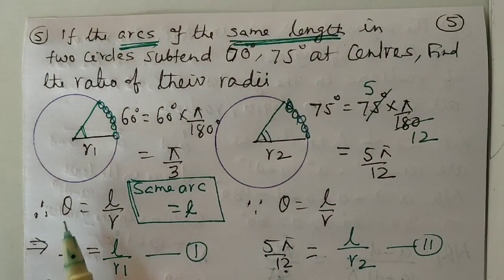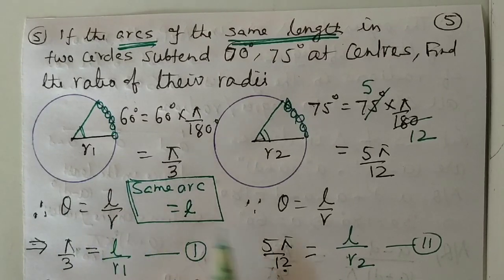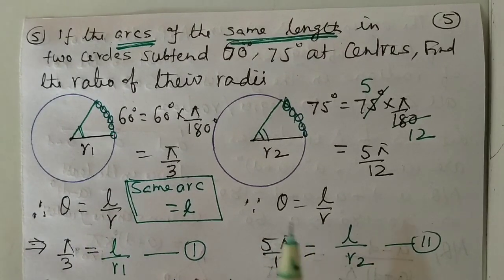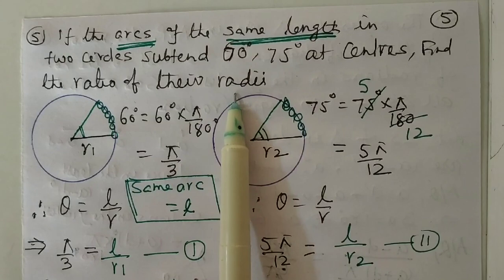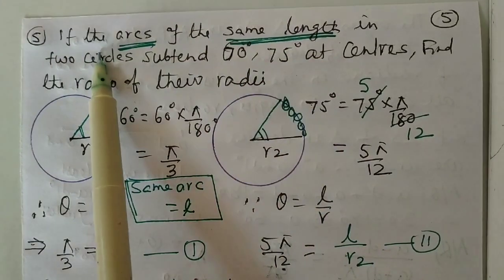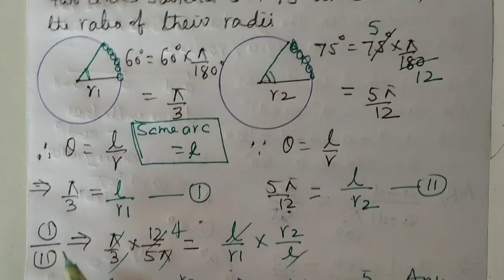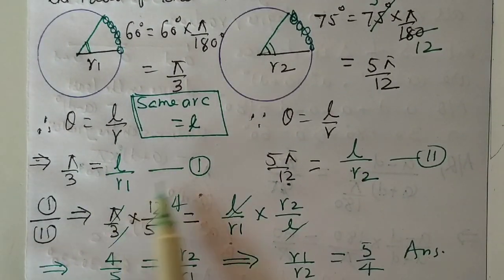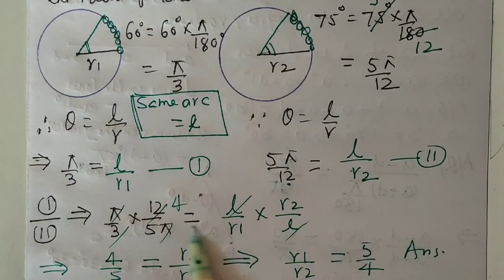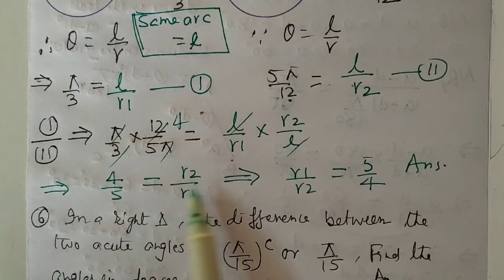After that, using the formula theta is equal to L by R, find the ratio of the radii. Same length of arc, let the same length of arc be L. So use theta, L, R1, R2, divide 1 by 2 and get the value of the ratio R2 to R1, invert it, R1 by R2.